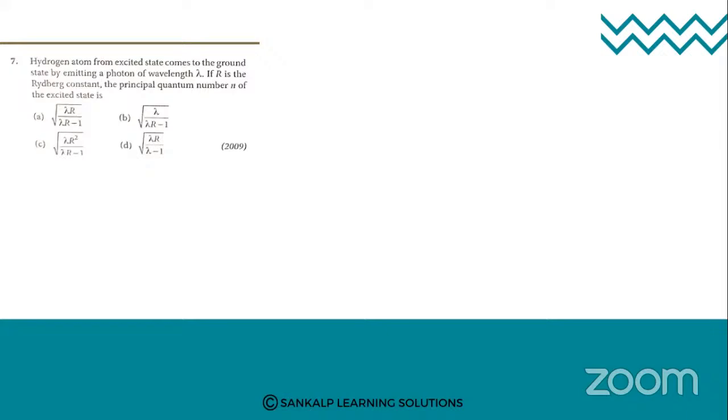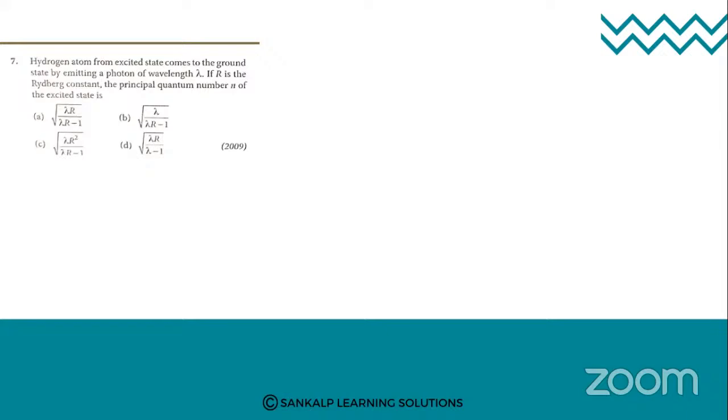Here, if R is the Rydberg constant, the principal quantum number n of the excited state is.